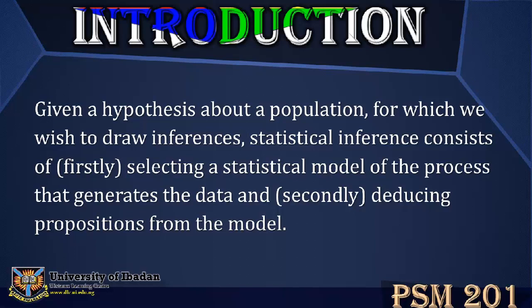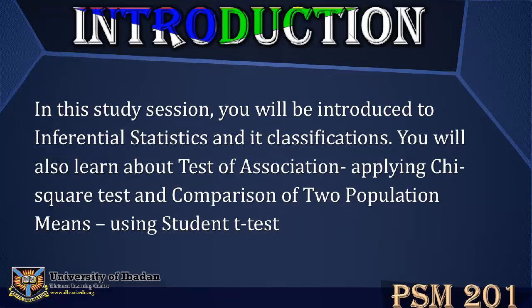Statistical inferences consist of, firstly, selecting a statistical model of the process that generates the data, and secondly, deducing propositions from the model. In this studies section, you will be introduced to inferential statistics and its classification. You will also learn about tests of association, applying the chi-square test, and comparison of two population means using the student t-test.